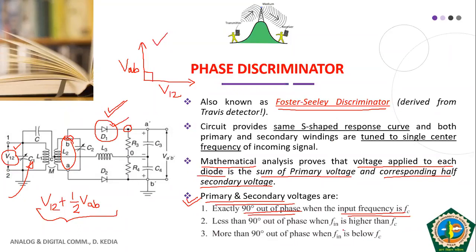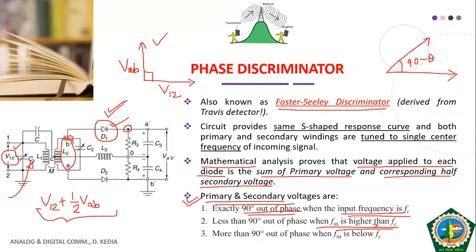Second thing: if my input signal frequency is higher than FC, then they are less than 90° out of phase. That means the phase angle between these two voltages will be less than 90°, meaning it will be 90 minus theta.